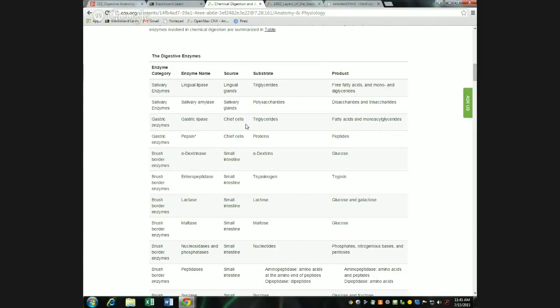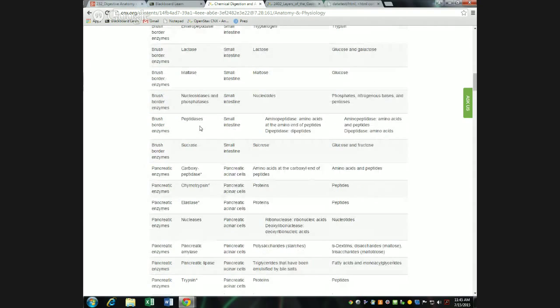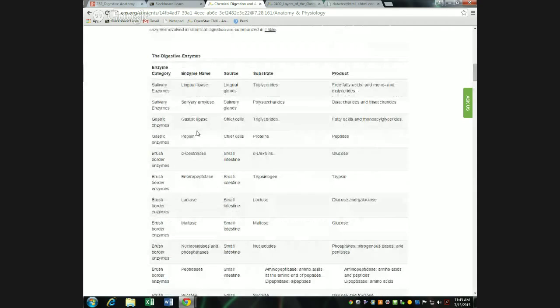Now, what I want to talk about a little bit is the idea of chemical digestion, the enzymes that do that. This table here lays out a number of different enzymes by name, where they're produced, what they break down, and what their breakdown product is. And I want to talk about some of these.